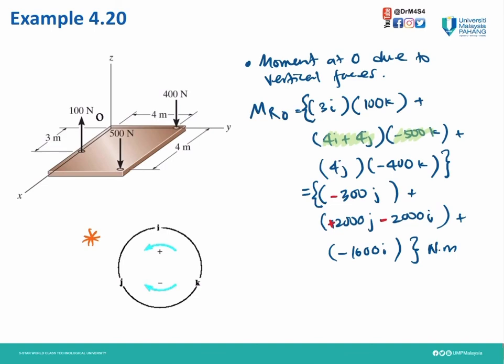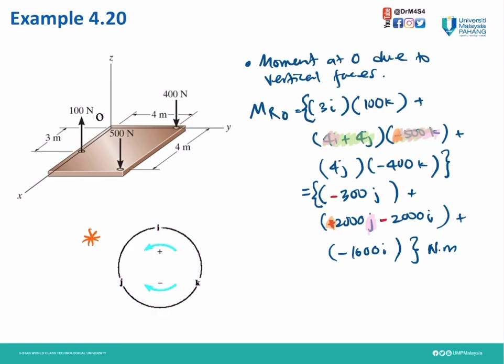Let's check for 4I times negative 500K. So I times K results in J. So J direction is clockwise, so negative. However, we have another negative here, so it results in positive. Negative times negative, we get positive.